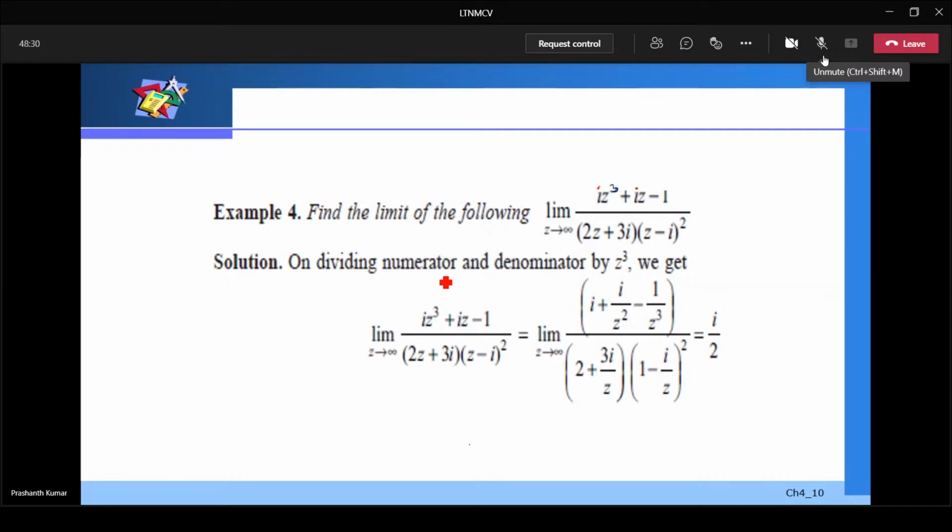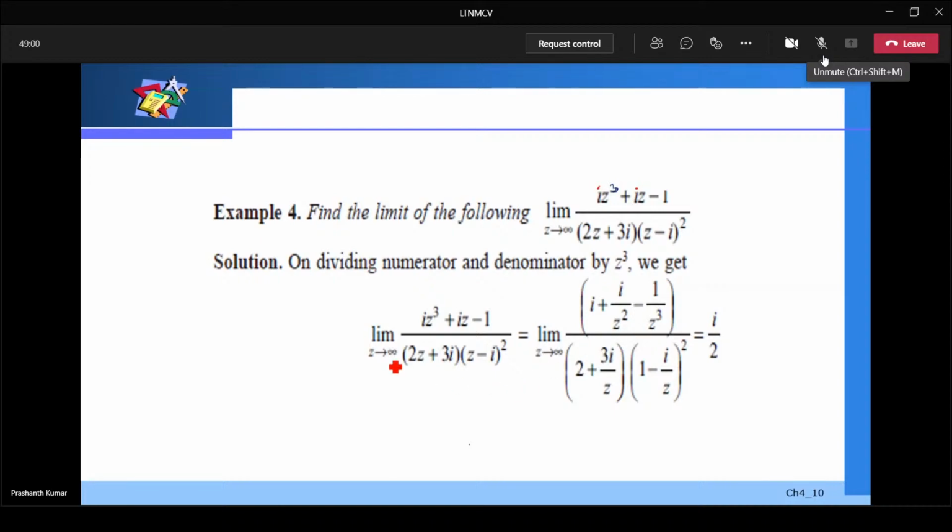On dividing the numerator and denominator by z cube, what happens? You take z cube outside in the numerator: i plus i by z square minus 1 by z cube.